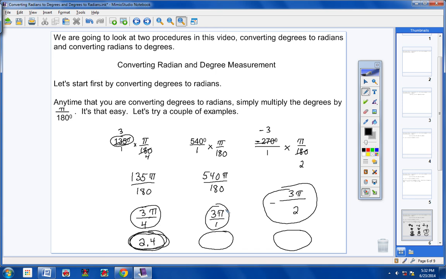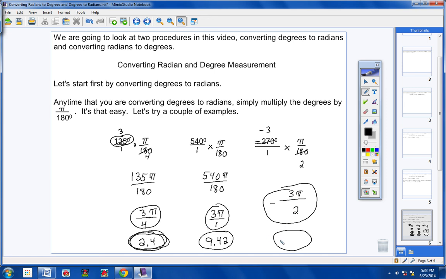But if I wanted you to write this answer as a decimal, then you would take 3 times 3.14 and you would get 9.42 over 1, which of course is the exact same thing as just 9.42, okay, or 9.4. So there we go. Of course, this is an approximation. So sometimes you will be asked to write your radians in terms of pi. Sometimes you will be asked to write your radians as a decimal.